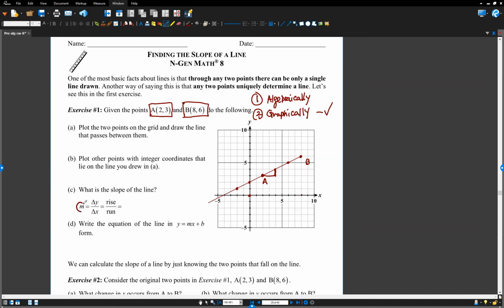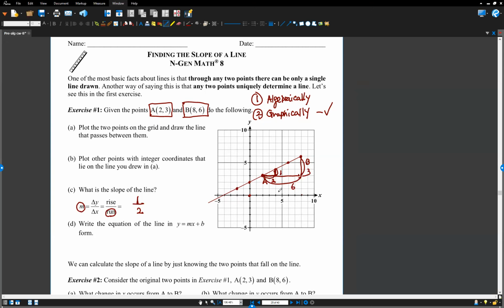Starting from this point, right 2, up 1, right 2, up 1. Run in the positive direction, rise up 1. That is 1 over 2, the slope. You can also use these two points: 3 over 6, which is always 1 over 2, right? That's the slope.